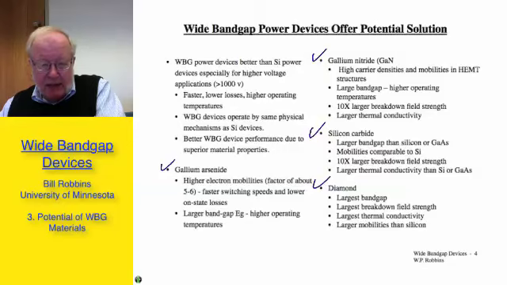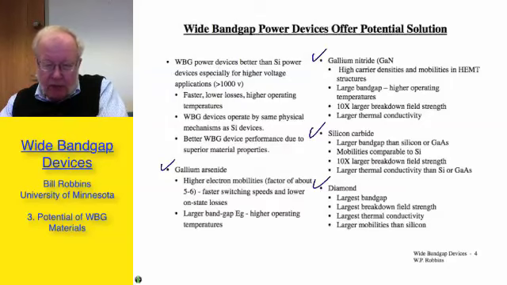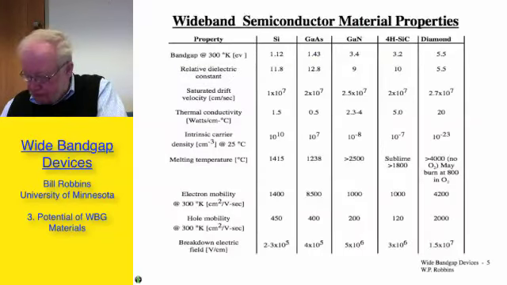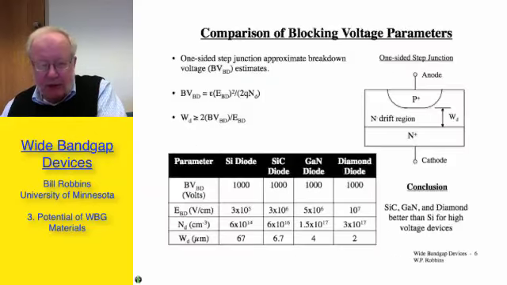It has the largest band gap, the largest breakdown field strength, the largest thermal conductivity, and the mobilities are larger than those in silicon. All of this indicates that these materials potentially are capable of producing superior power devices compared to silicon. We should perhaps, though, take a closer look at these materials in terms of what their properties are.